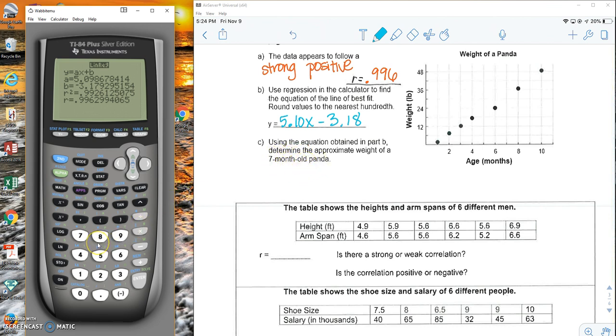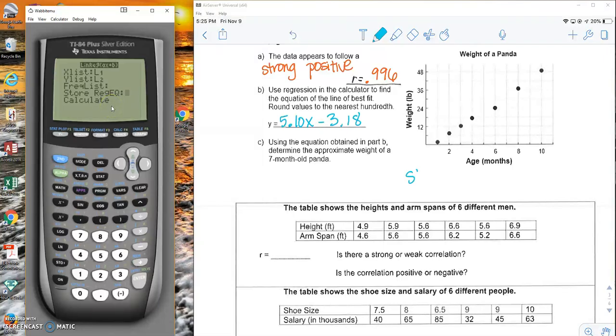So one thing that I can do is whenever we click Stat Calc 4, I'm going to do these steps again. There is an option here to store your equation into Y1 to make this part, where they are asking us to not only find the equation but do something with it, easier. So what I'm going to do is come down here to where it says store.